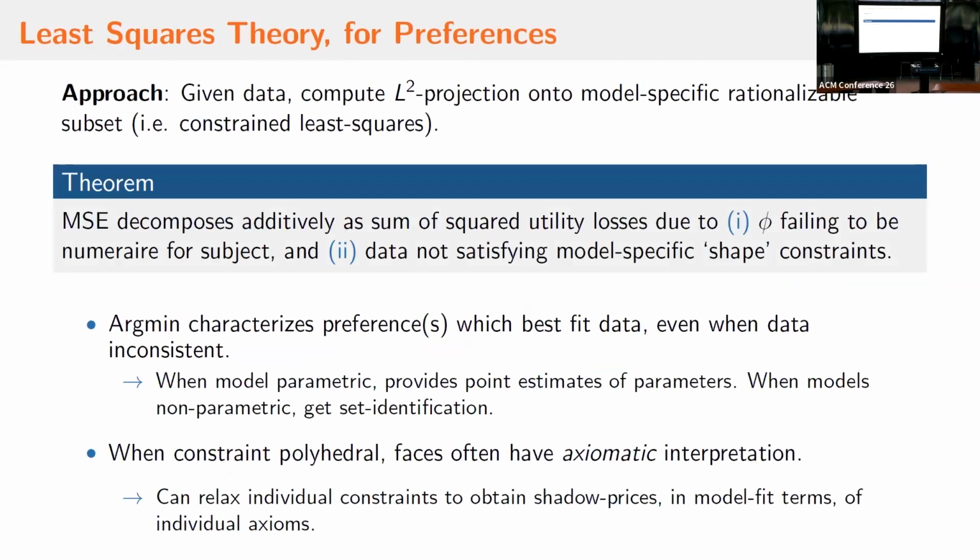And when we project onto polytopes in this space, we get an additive decomposition of the mean squared error, which has a utility interpretation as sums of squared utility losses due to money-pump-type violations once again, and losses due to the data not satisfying other kinds of model-specific shape constraints.